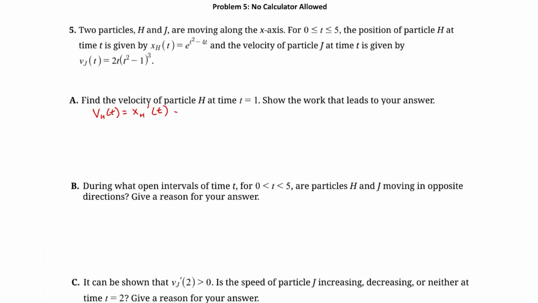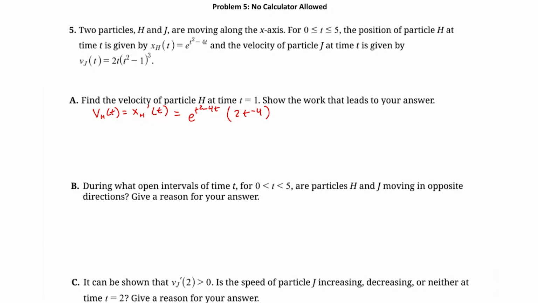Okay, and so this will be the derivative of xh of t, which we're just going to use chain rule here. So it's going to be e to the t squared minus 4t times the derivative of the t squared minus 4t, which is 2t minus 4. So that's going to be our function for the velocity of particle h.